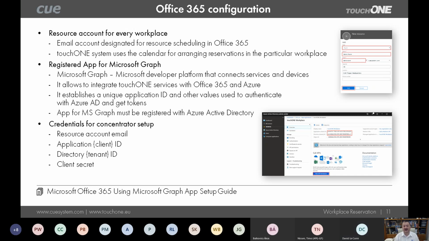Typically for the touchONE workplace reservation solution, if you configure with Office 365, you have to consider Microsoft Graph, and pay attention to the setup guide on how to do this in your system.